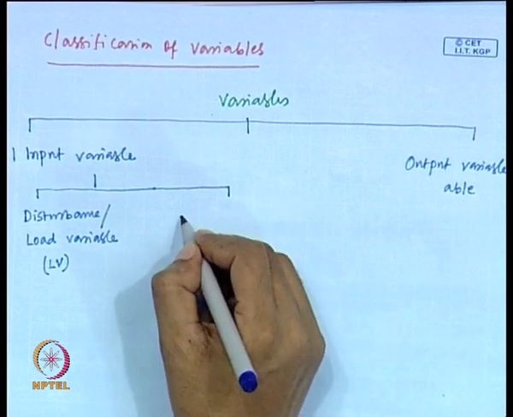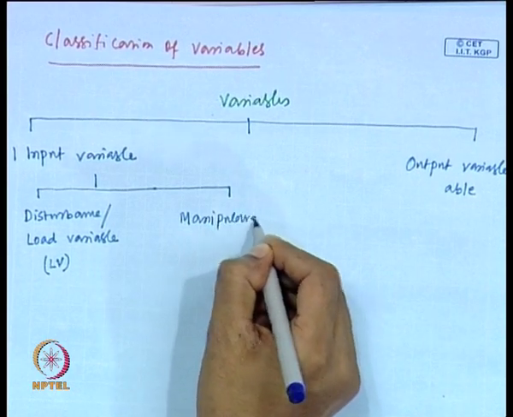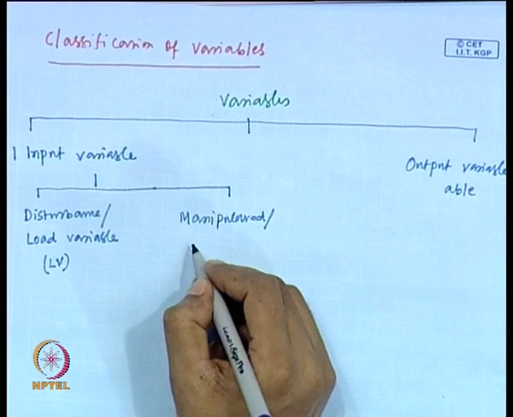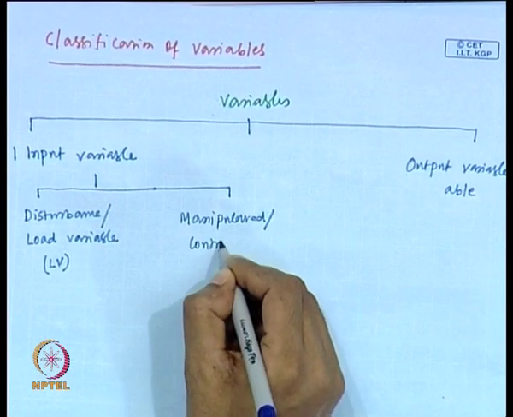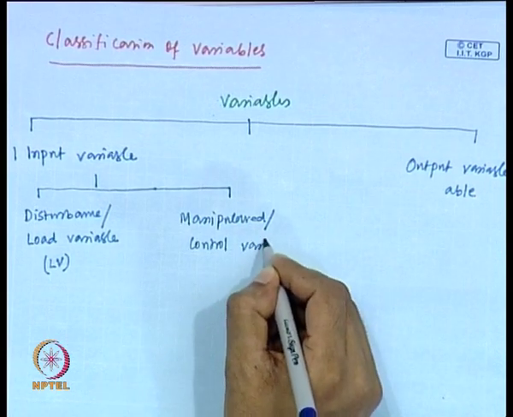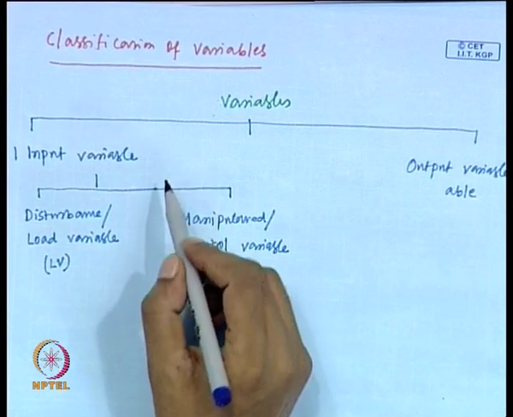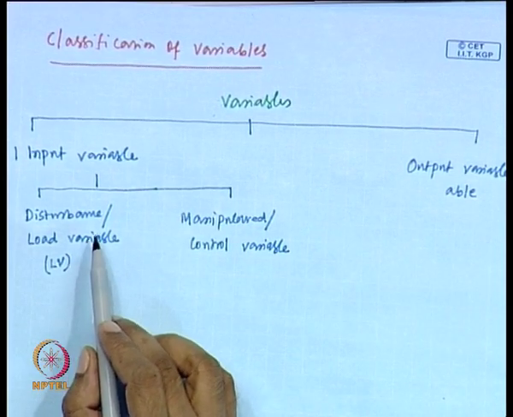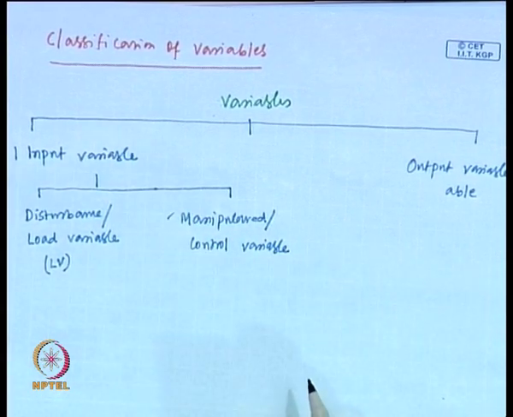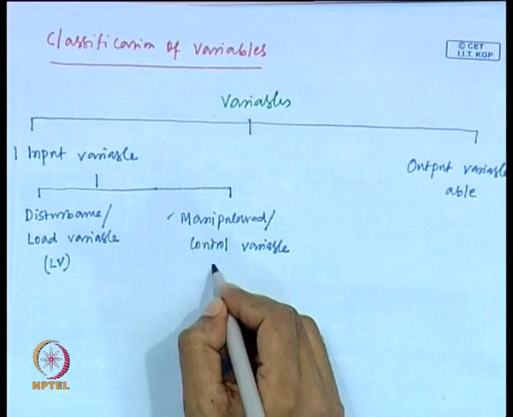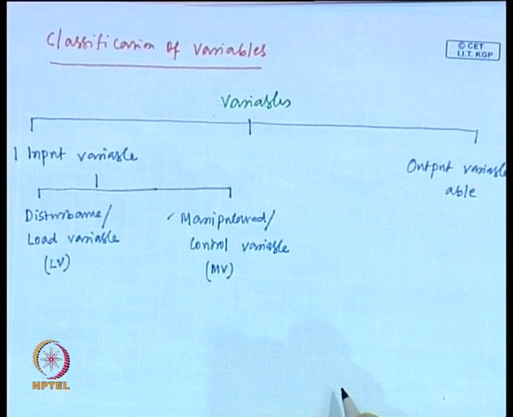The second input variable is the manipulated or adjustable variable, or sometimes it is called the control variable. So, input variable is of two types, one is disturbance or load variable and the second one is manipulated variable or control variable. This we can represent by MV.